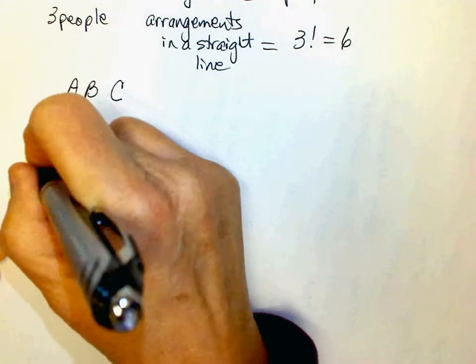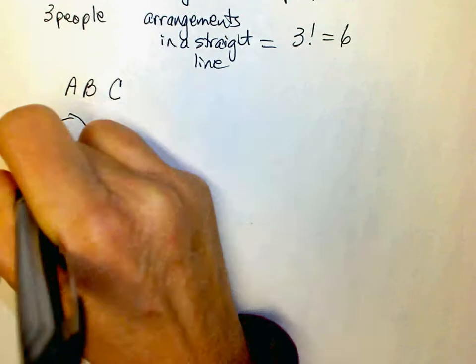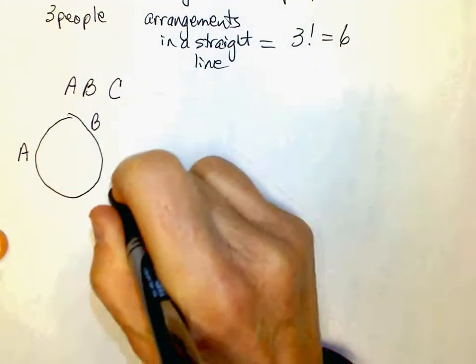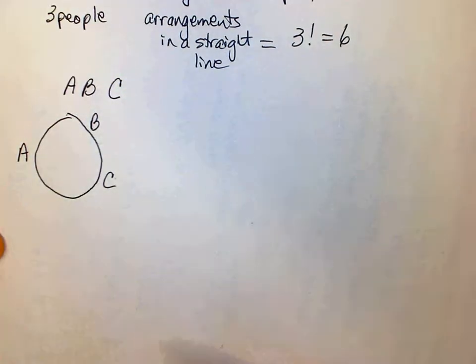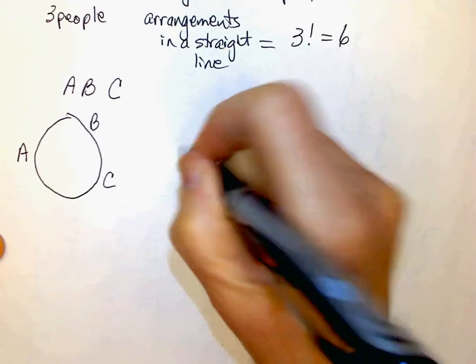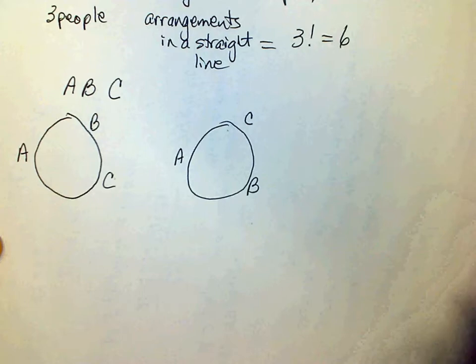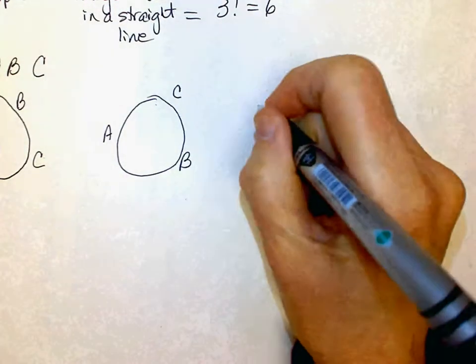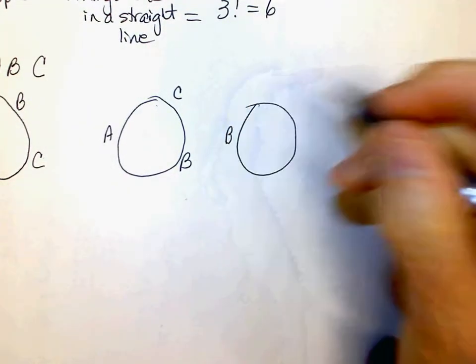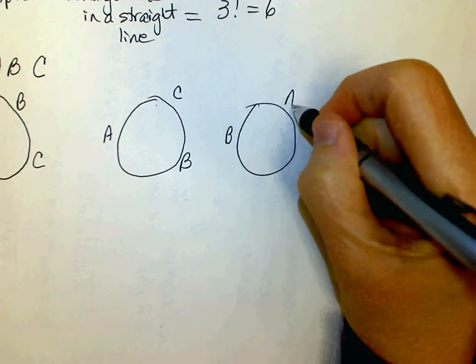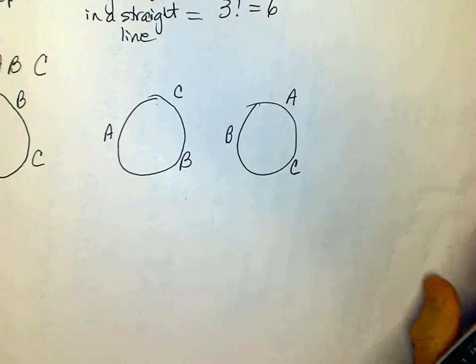So let's say if A sits there, B and C can sit there, right? Or if A sits there, person C and person B can sit there. Or if B sits there, A can sit there and C can sit there.